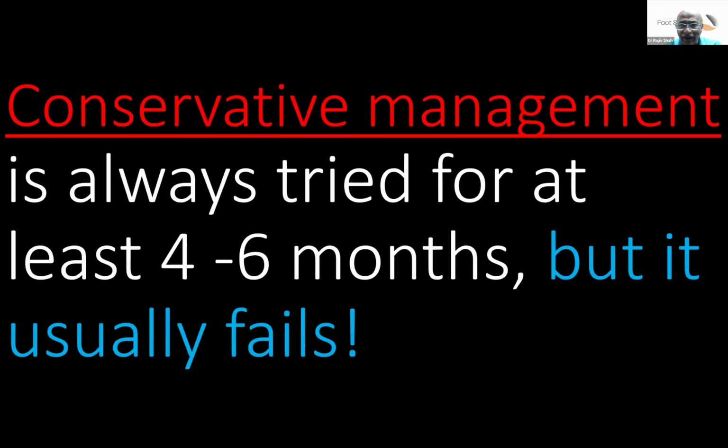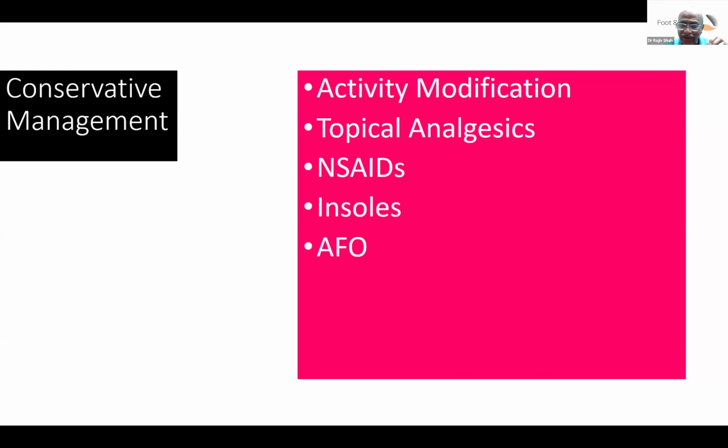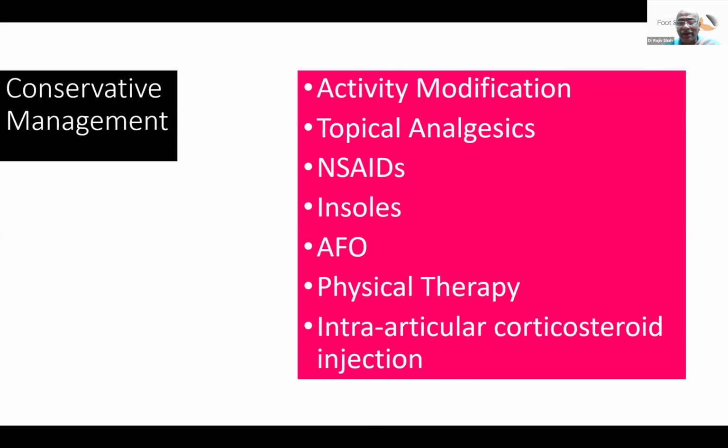Now, how do I manage calcaneus malunion? The conservative management is always tried for at least 4 to 6 months, but by and large, it usually fails. The conservative management includes activity modification, topical analgesics, NSAIDs, insoles and AFO, physical therapy, and sometimes intra-articular corticosteroid injections.